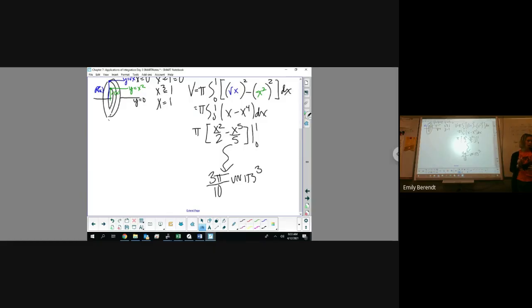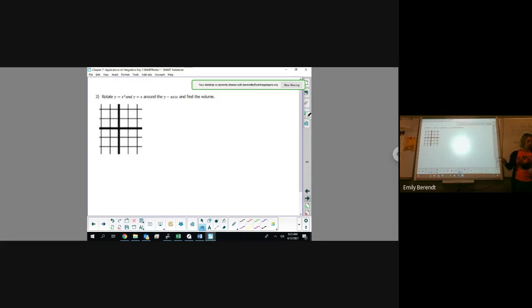All right, so we've done 2 of them around the x-axis. The next one, we're going to revolve around the y-axis. So our discs are going to be horizontal. Same thing, I'm going to do the first function in blue, second function in green. And this time we're going about the y-axis.